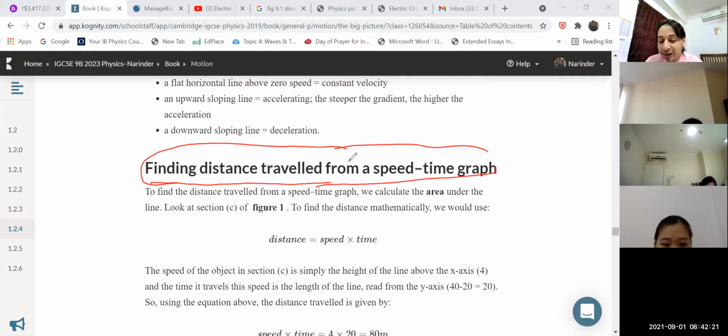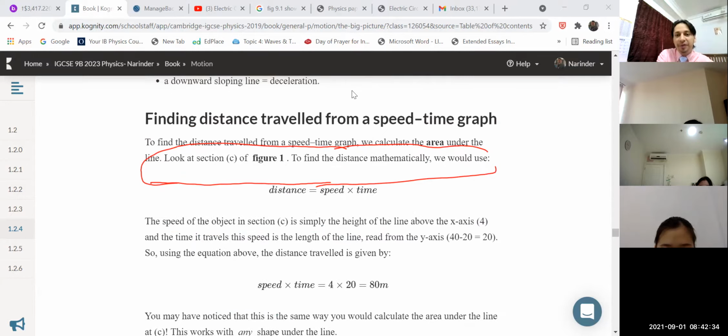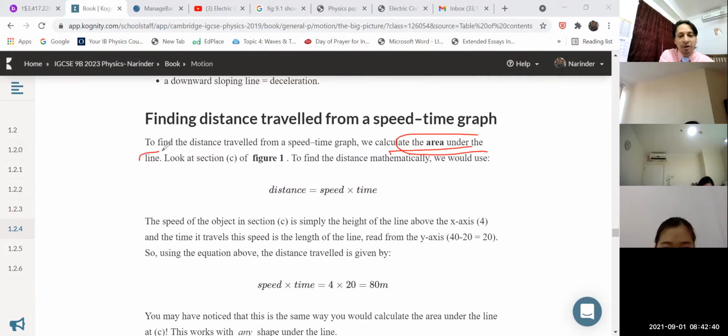How much distance has been traveled by a moving object? How to calculate that distance? Please listen carefully. You need to calculate the area under the line. Please note down in your notebook: from a speed time graph, first you can calculate distance by finding the area under the line.